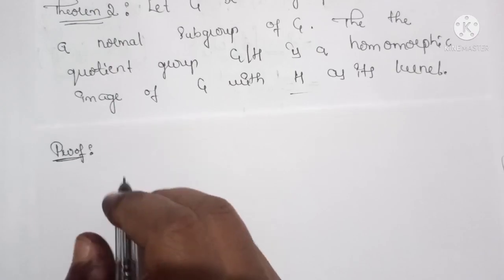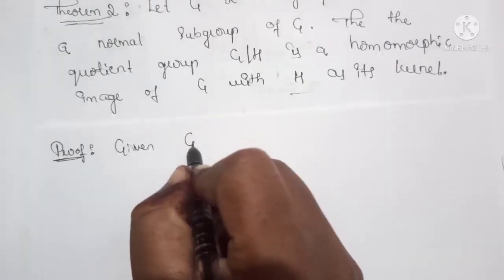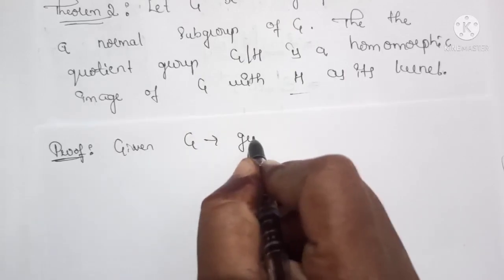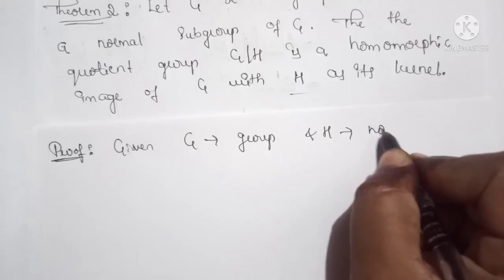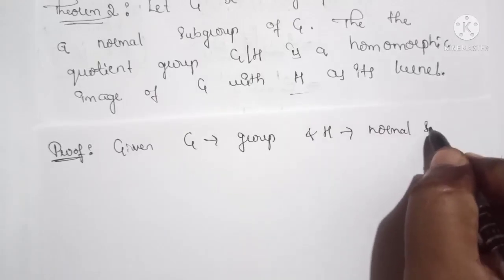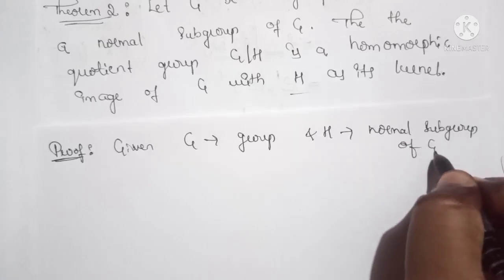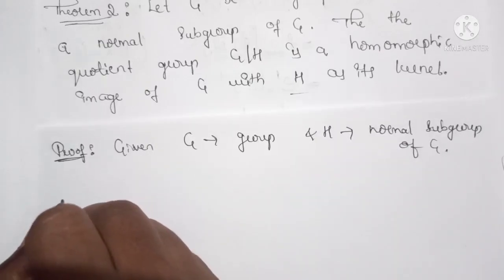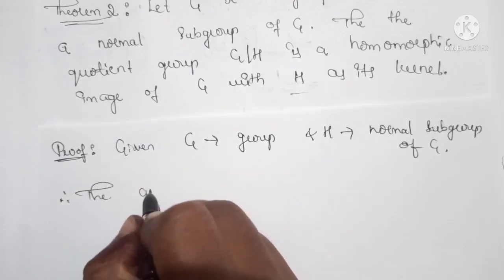Proof. Given that G is a group and H is a normal subgroup, we have the quotient group. We have already learnt about the quotient group.